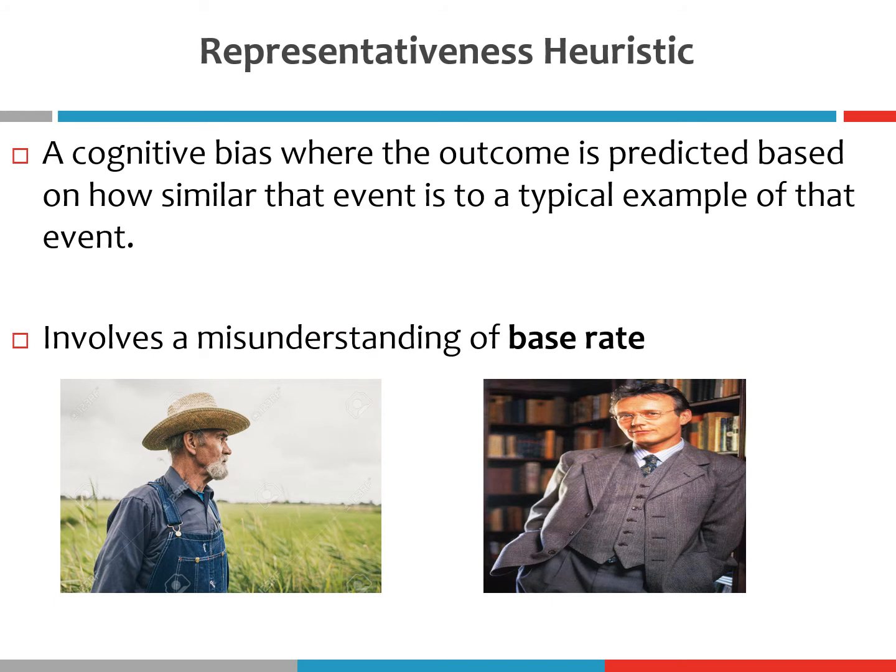Turns out when psychologists actually gave participants this problem, a significant proportion of them chose a librarian or assumed that the description they were given more closely matched that of a librarian. Right?